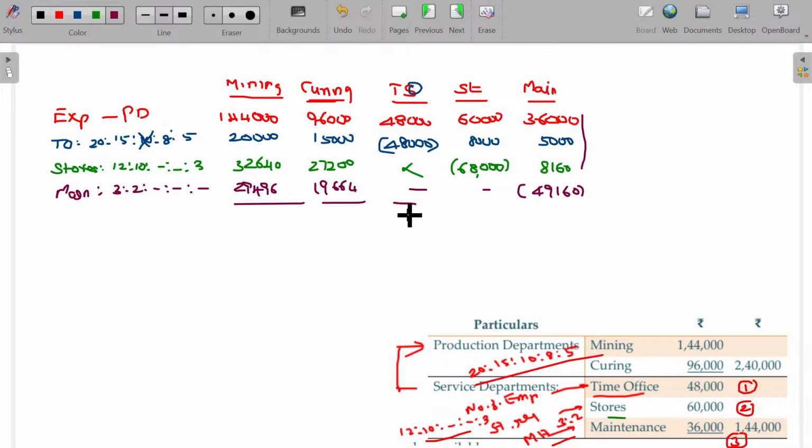Now find out the total value. Only the production departments will get the value, which is 2,26,136. 1,57,864. Clear?